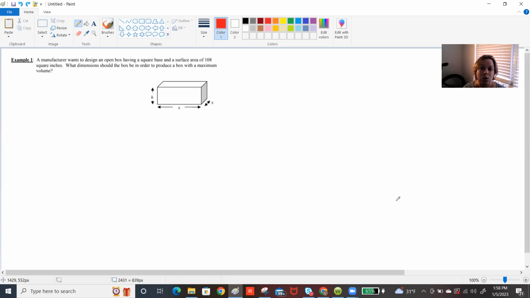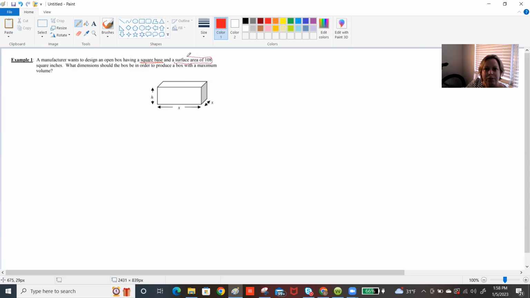So what do we know about this box? Well, I am going to underline the information that we have about the box. Okay, so let's see. It has a square base, meaning that's both sides, the same, they have the same length, right? It has a surface area of 108.